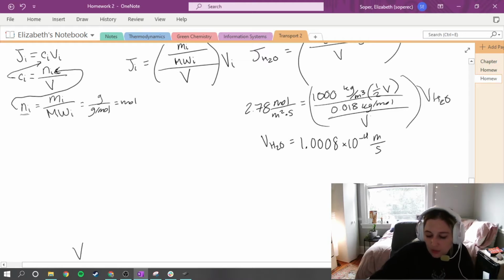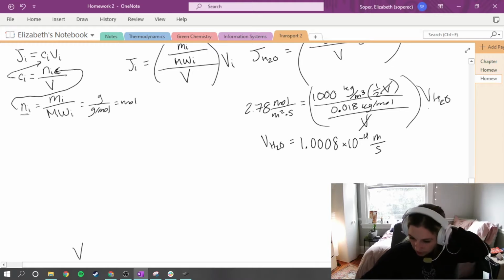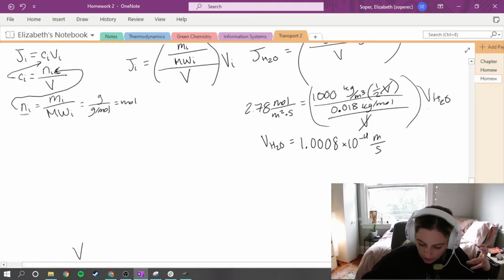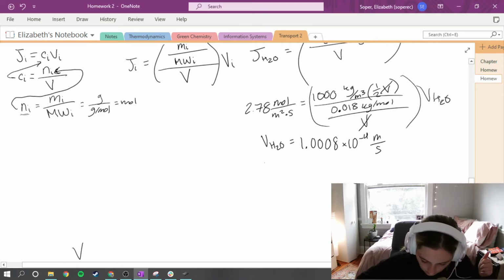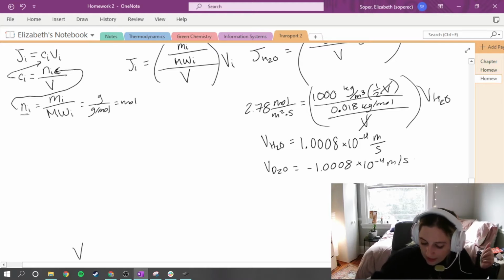We can simplify it so that we just do 1/2 times 1,000, which is 500, divided by 0.018, and then we do 2.78 divided by that number, and we get the velocity of H2O. That means the velocity of the deuterated water is going to be negative 1.008 times 10 to the negative 4th meters per second.